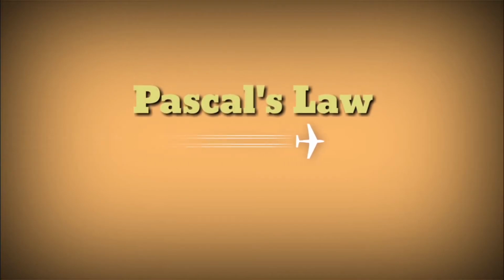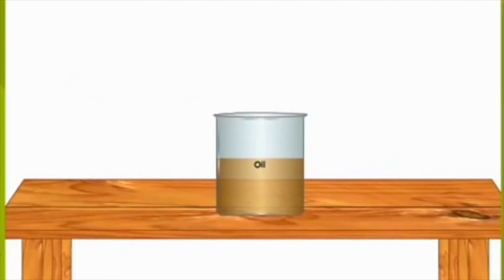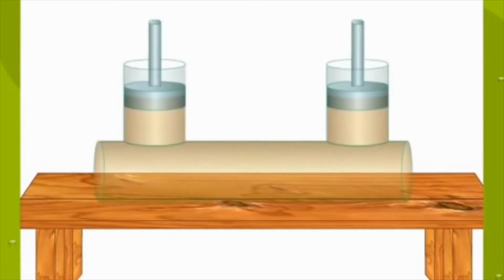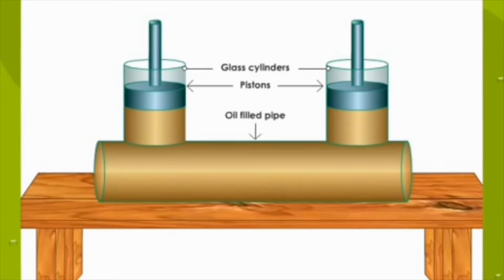Firstly, we will understand Pascal's law. Generally, oil multiplies the forces in the process. Let us consider this simple arrangement as shown. There will be two pistons fitted inside glass cylinders, and both are connected through a pipe which is filled with oil.